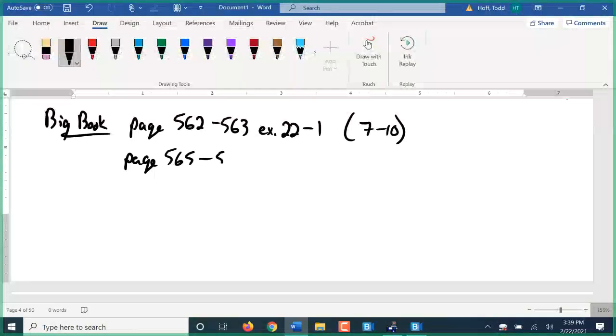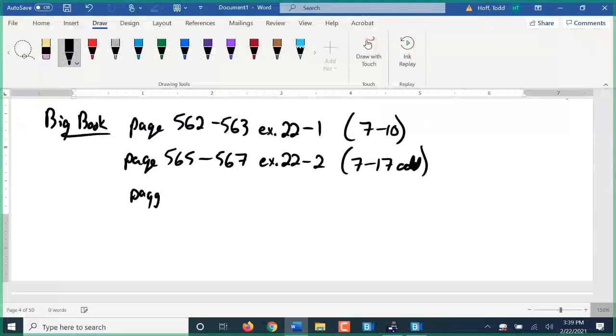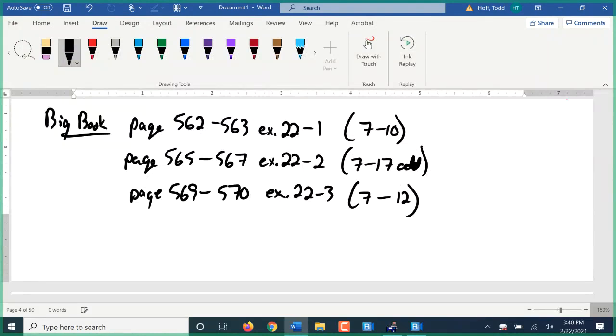Page 565 through 567, exercise 22-2, 7 through 17, the odd. And this is the last page, one more page there. 569 through 570, exercise 22-3. 7 through 12, I'll have you do those as well. So yes, identify.